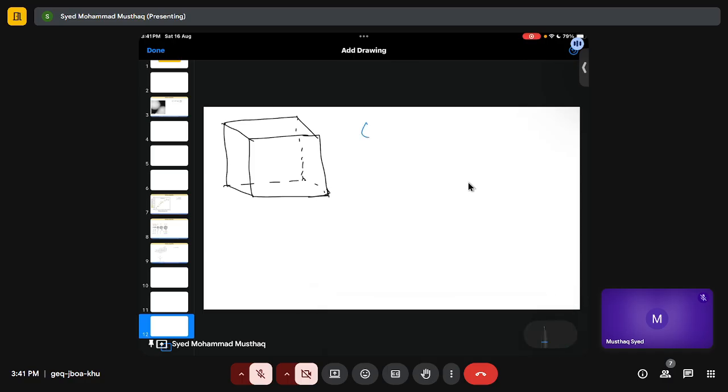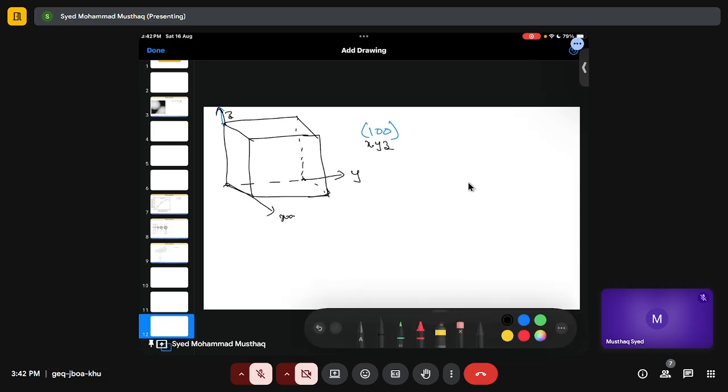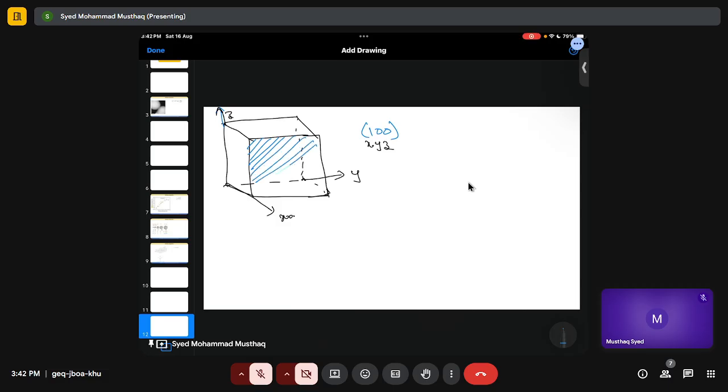For 100, I will use blue. My 100 is this plane. For example, this is my y-axis, this is my z-axis, and this is my x-axis. Now my 100 plane is this one.